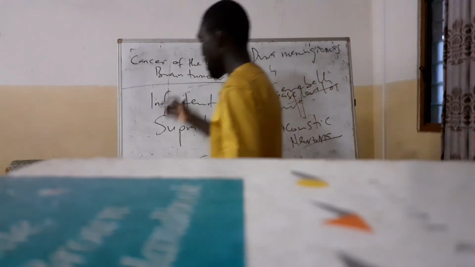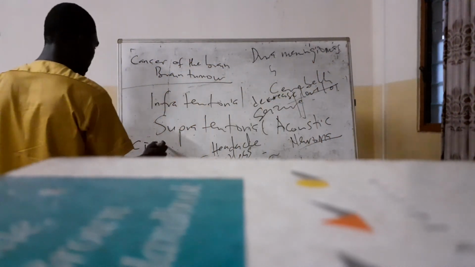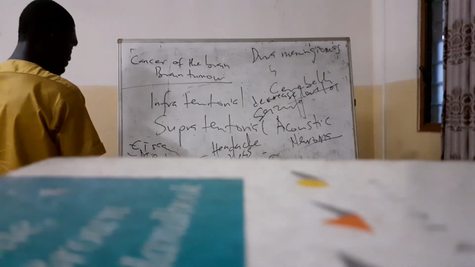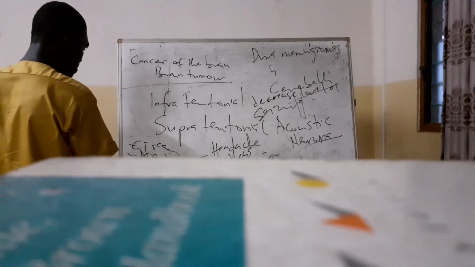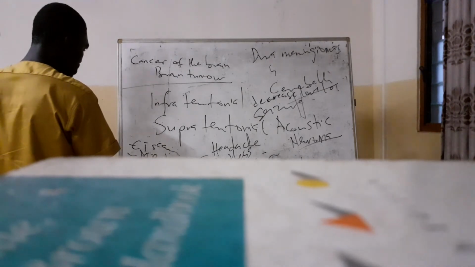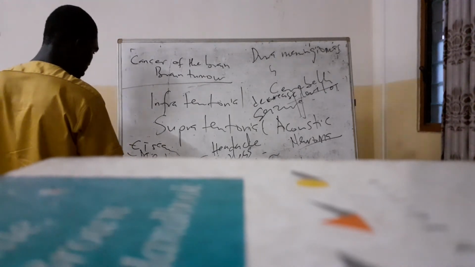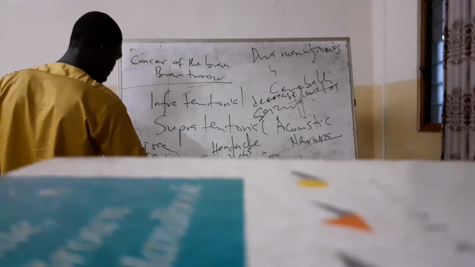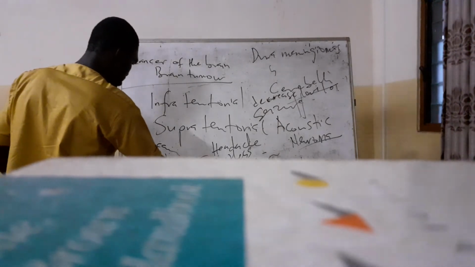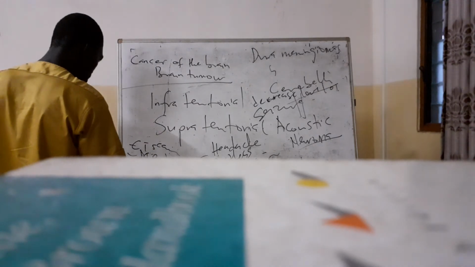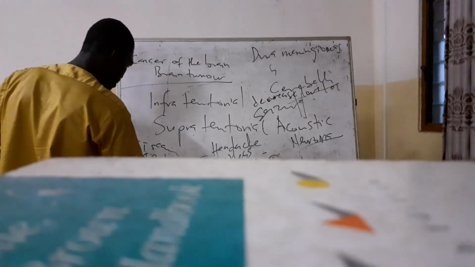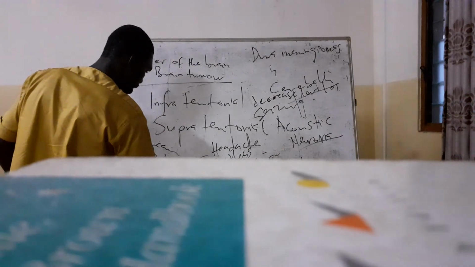Diagnostic investigation is similar to the head injury, right? So you do the head CT scan, you do MRI of the brain, you do X-ray, ultrasonography, you do the positron emission tomography, right?